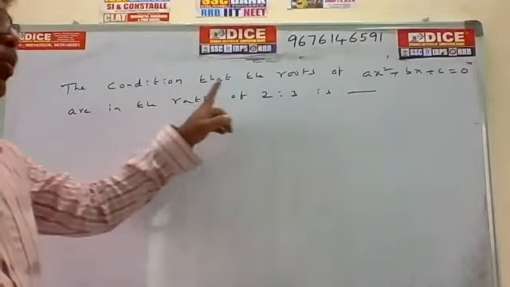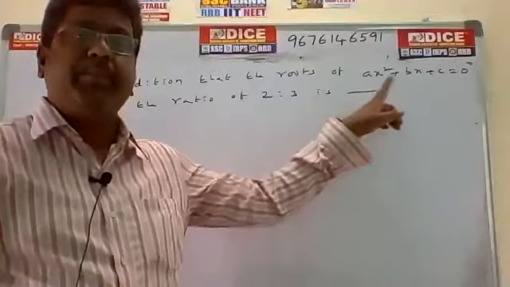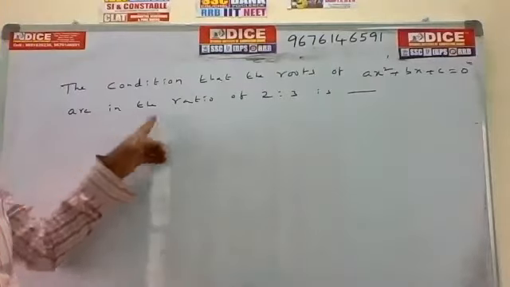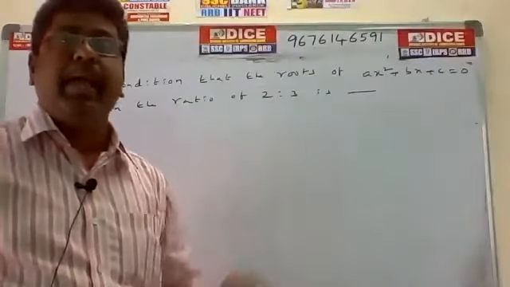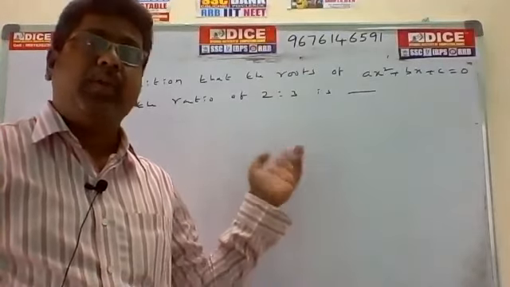The condition that the roots of ax square plus bx plus c is equal to 0 are in the ratio of 2:3 is dash. I hope already on Saturday I told you the formula for it.